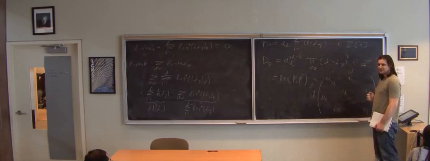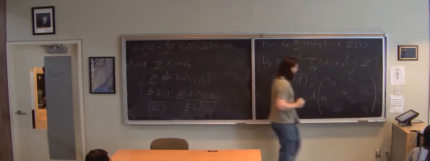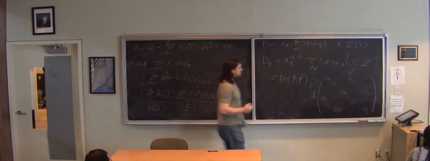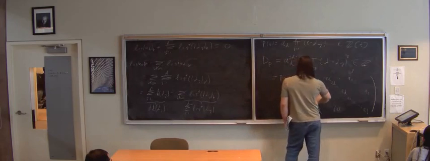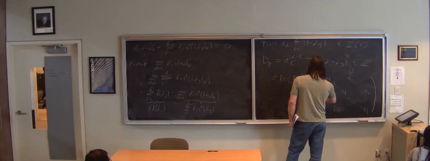You get a 2D by 2D matrix, and you take its determinant. So the determinant of this.